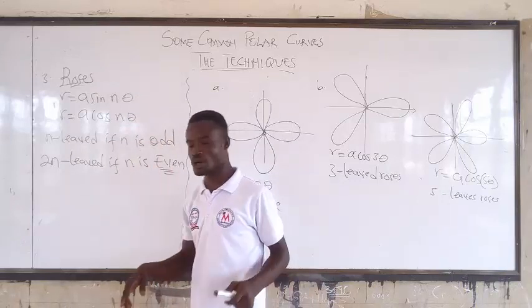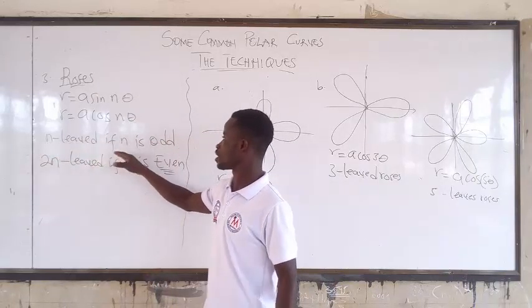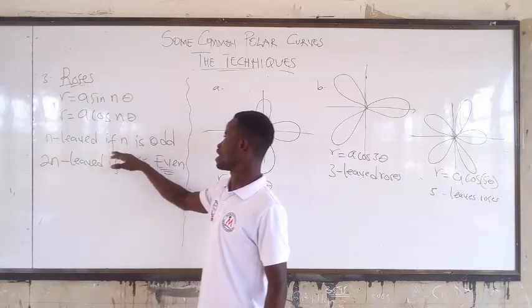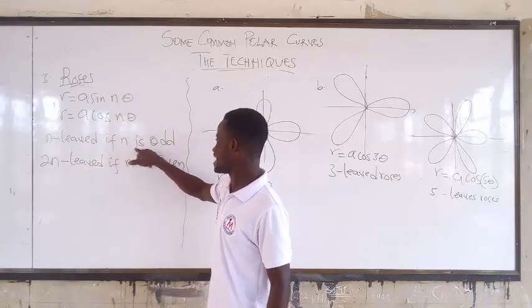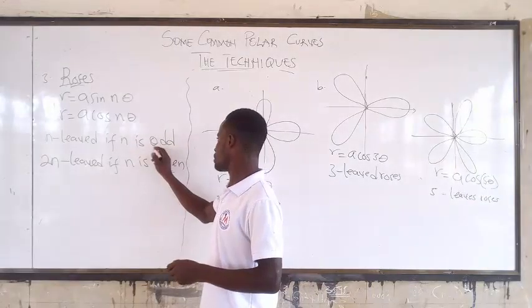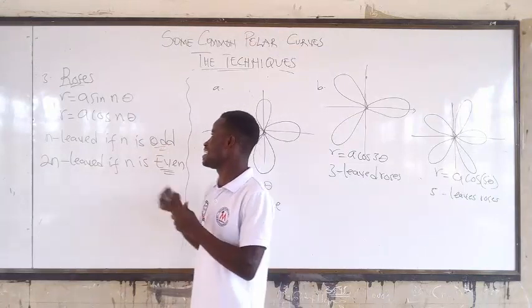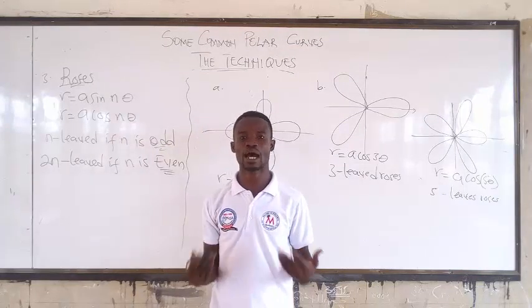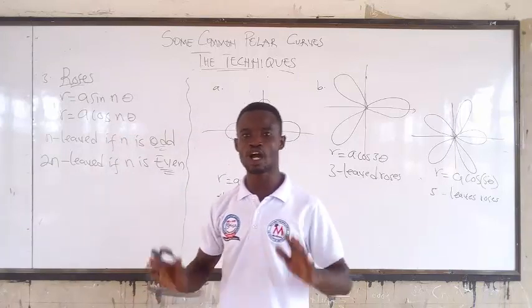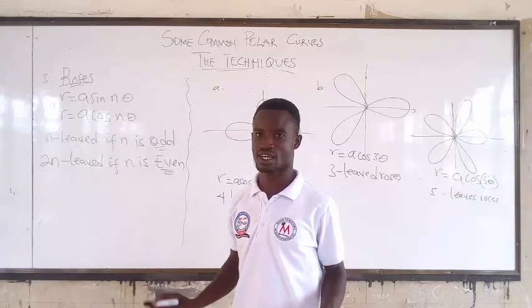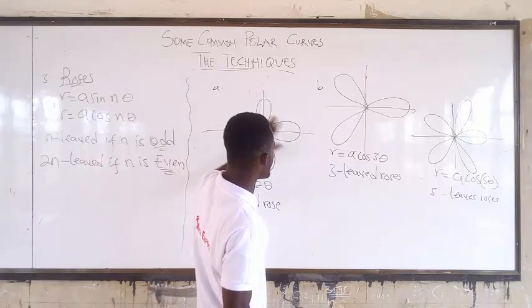So, n leaves if n is odd. Be careful: if the n here is an odd number, it's going to be n leaves. These are the leaves.